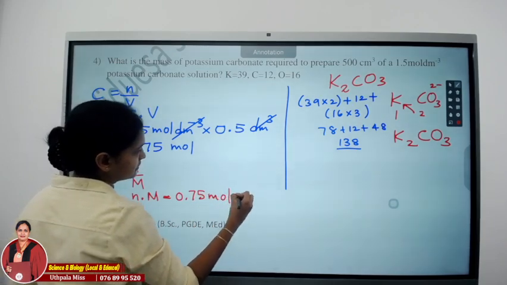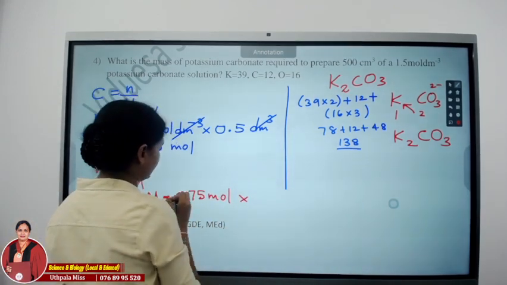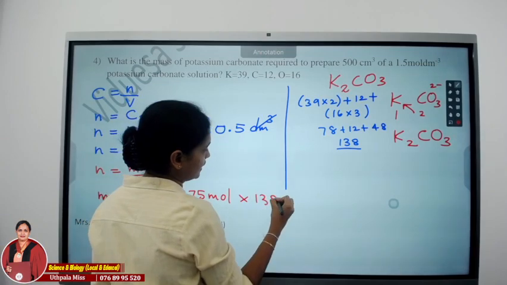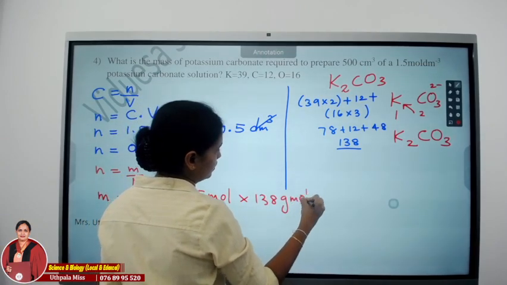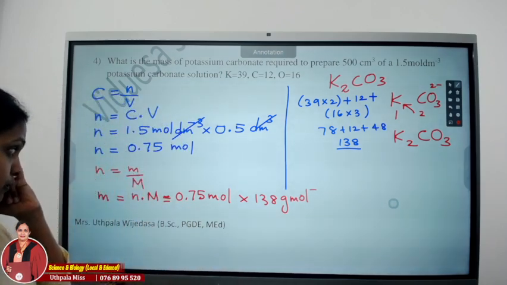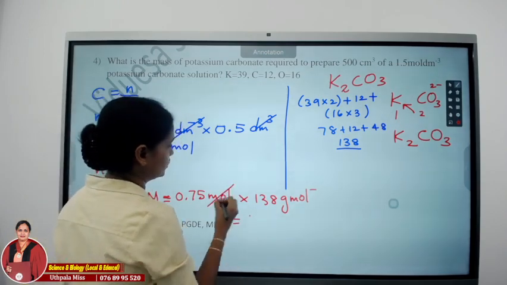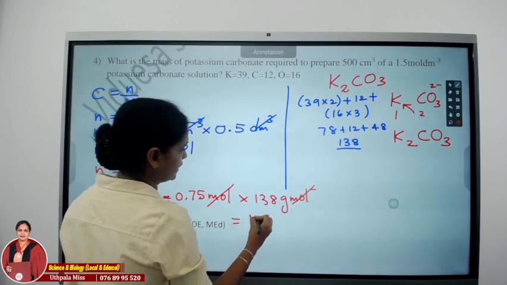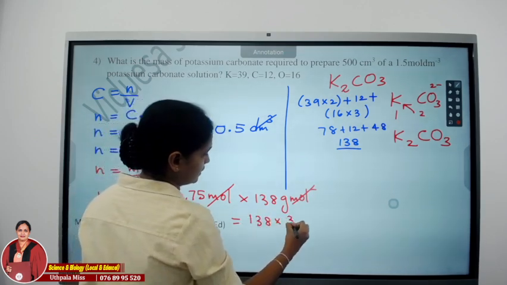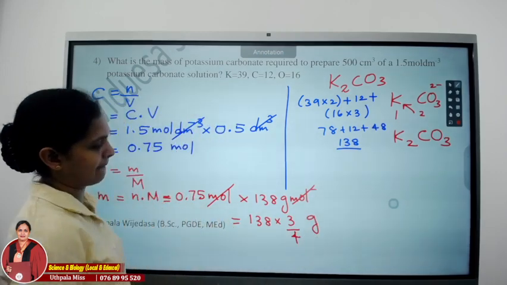Then the molar mass, relative molecular mass should be taken in grams. 138 grams per mole. Here 0.75 is like 3 over 4.